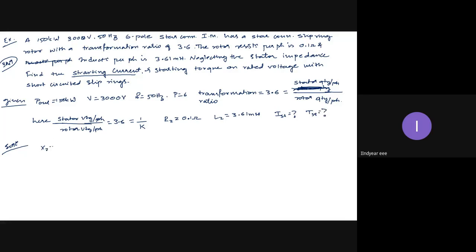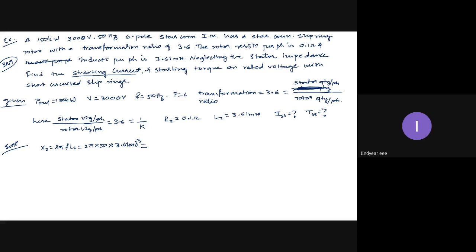So X2 is equal to 2 pi f L2, that is 2 pi into 50 into 3.61 milli. Sorry, it is 3.61. In the textbook, they have mentioned 3.61 in the statement and they have substituted 5.61 in the solution.